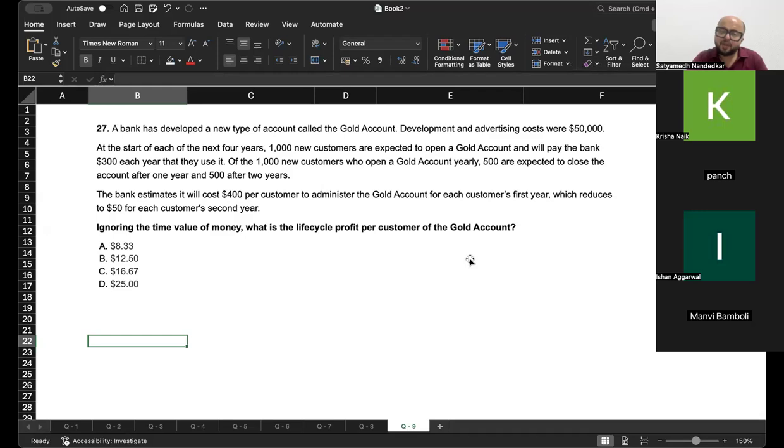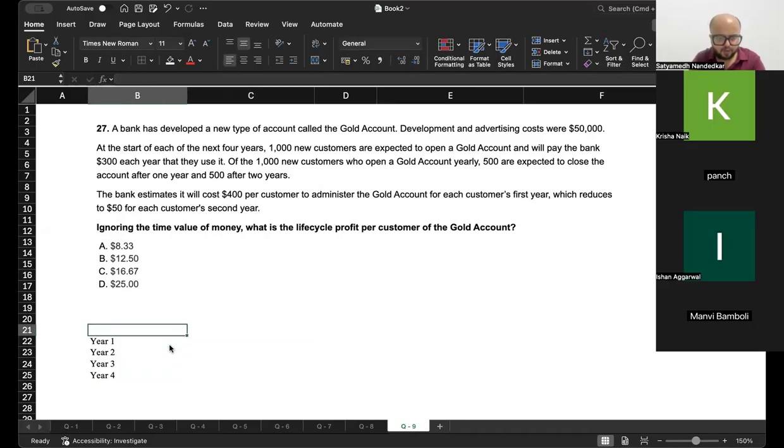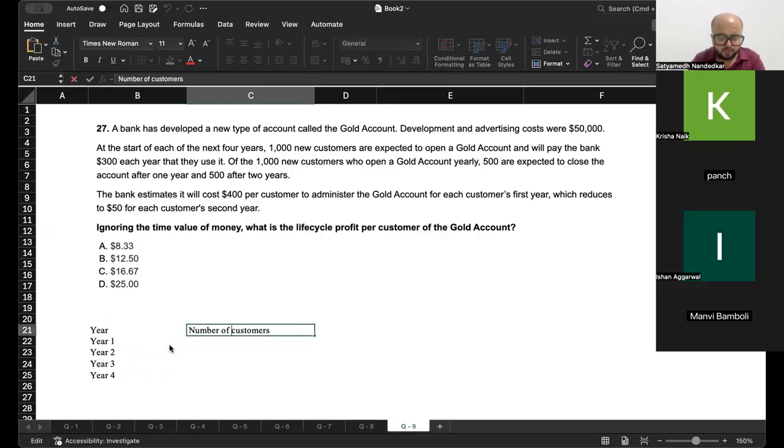A bank has developed a new type of account called the gold account. Development and advertising costs were 5,000. At the start of each of the next 4 years, 1,000 customers are expected to open a gold account. Year 1, year 2, year 3, year 4. Year and number of new customers.